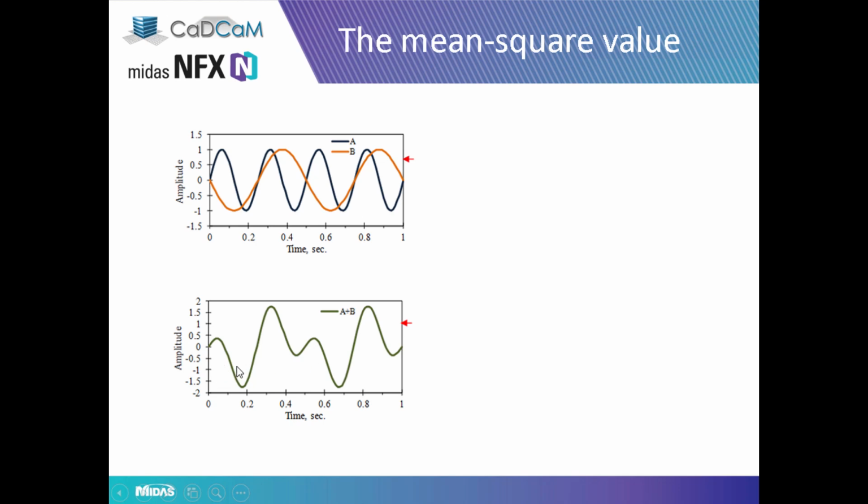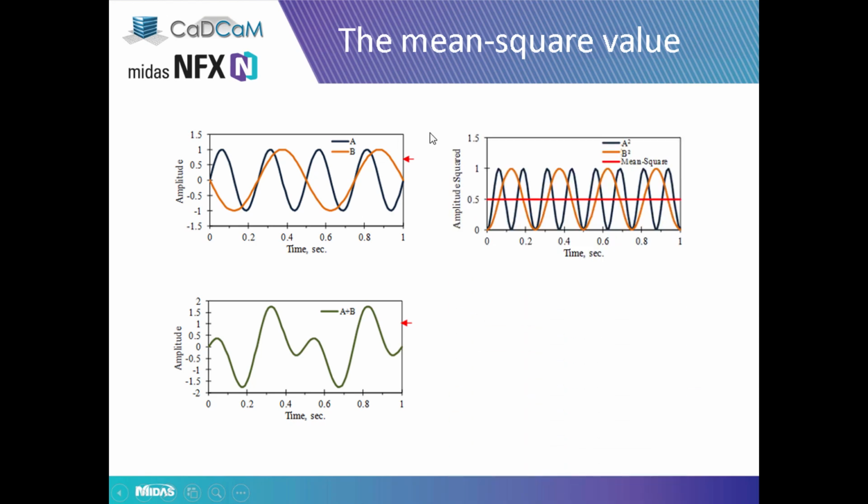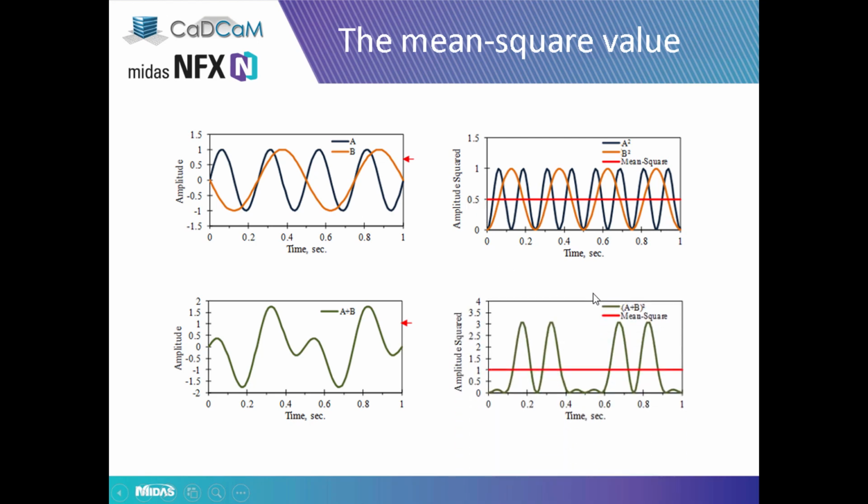Part of it is under zero, part of it is zero, and part of it is above zero, because we combine it as it is. Here we have A square and B square, which have the same amplitude but another frequency and the same phase, and we combine them and add the root mean square, which is 0.5. And here we combine A plus B squared and have the mean square of 1.